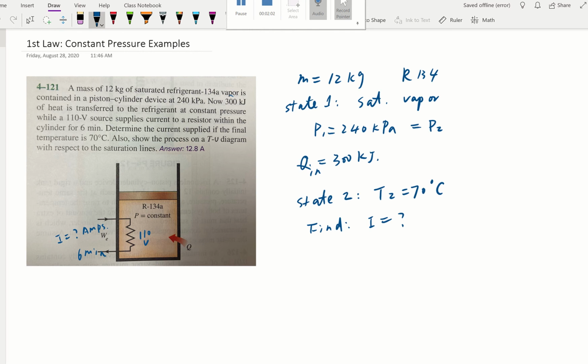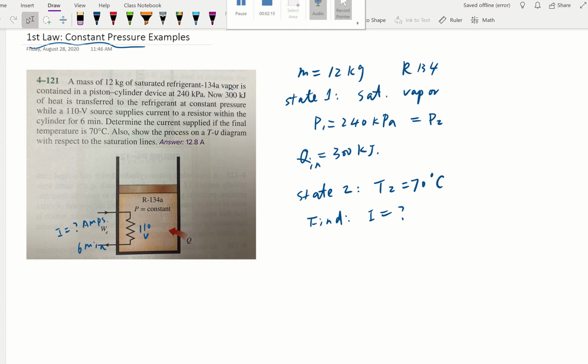Is this first law constant pressure? Yes, then we'll have a formula just for that. The basic video was the previous one, you can look at it. The formula is that the heat transfer Q is equal to delta H plus work others.